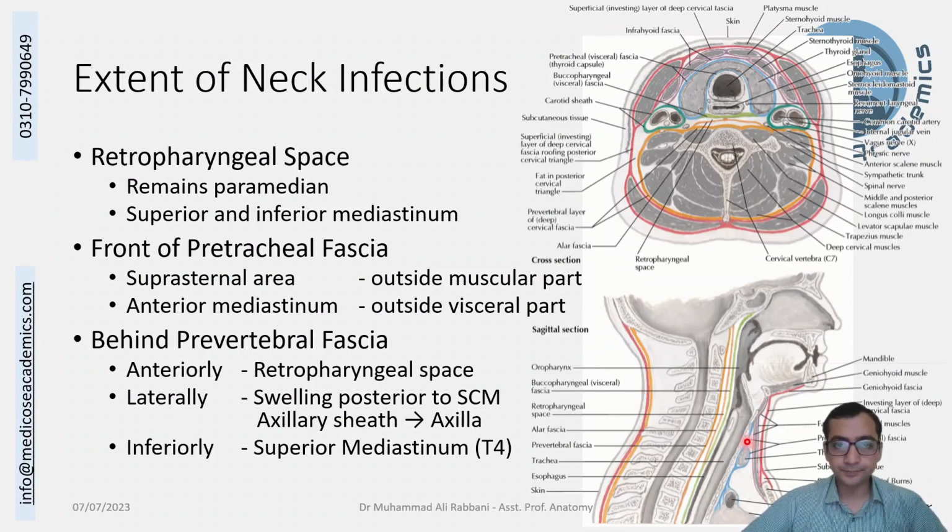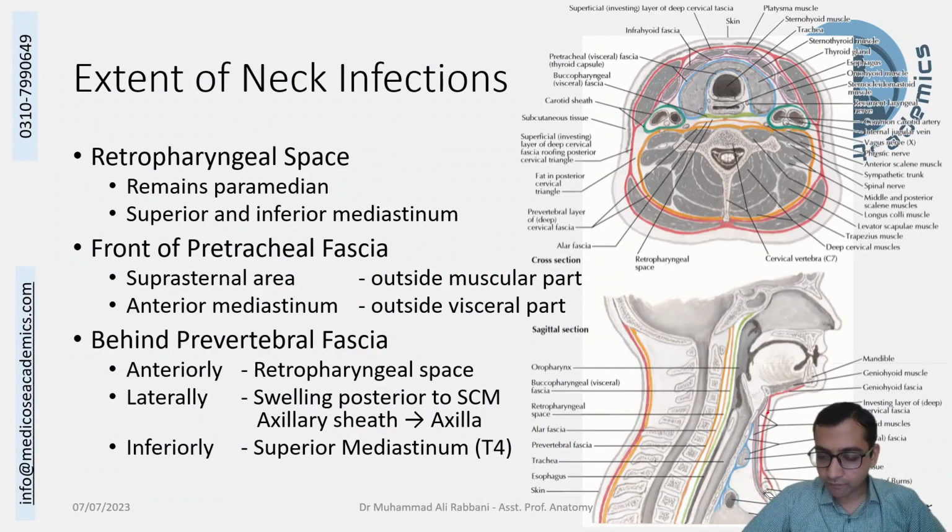In common terms, when it is outside the muscular part, when it is superficial to the muscular part, it remains here. It remains in front of the muscles and it moves down and ends at the level of the sternum, because here the muscular fascia, the investing layer, gets attached, and the space is closed.